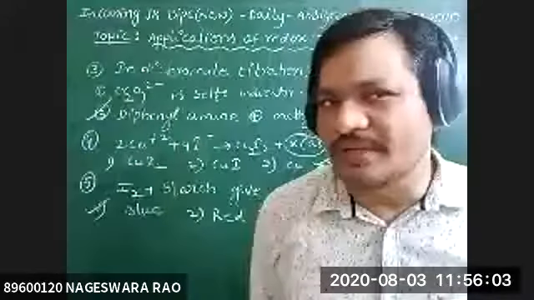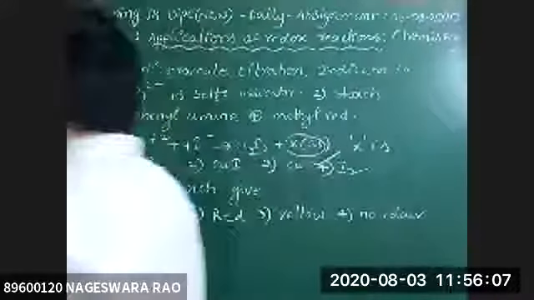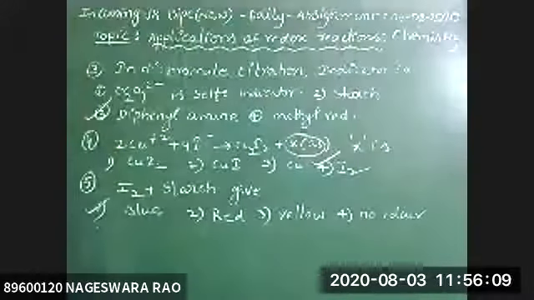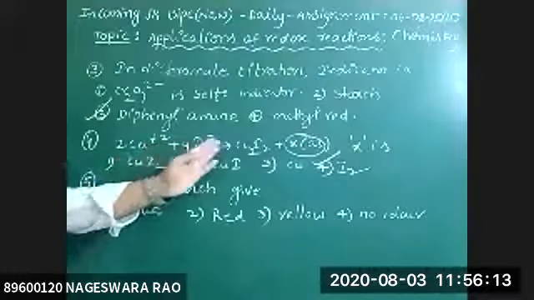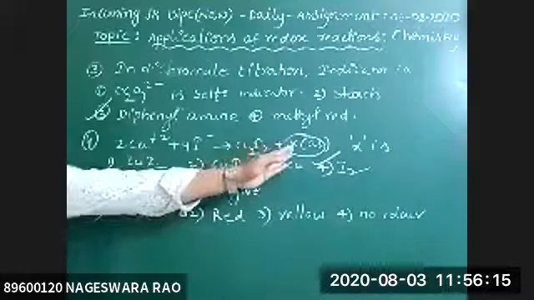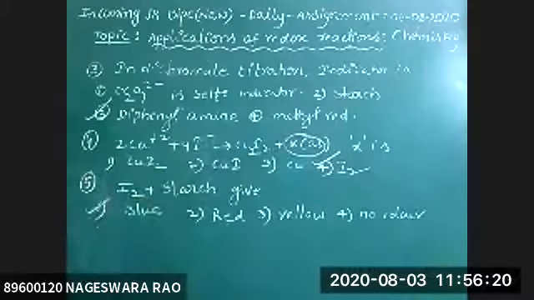That is the endpoint, the identification of I2. So Cu2+ plus 4I minus gives Cu2I2 plus I2, and that I2 reacts with starch to give blue color. So in this reaction, what is the indicator, students? Starch.